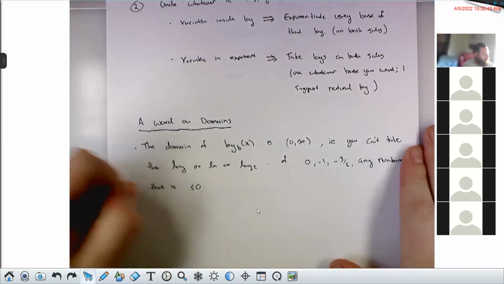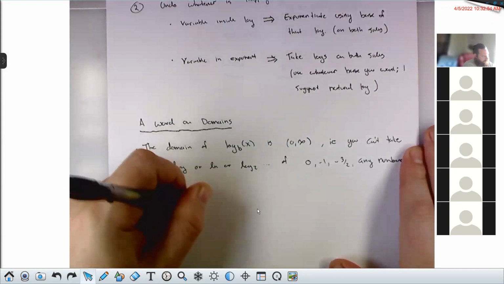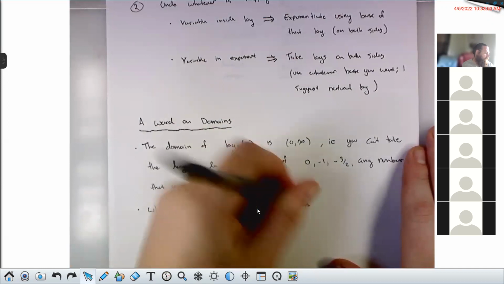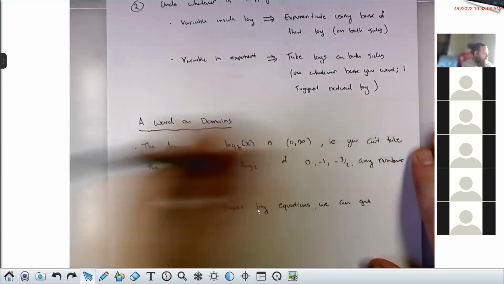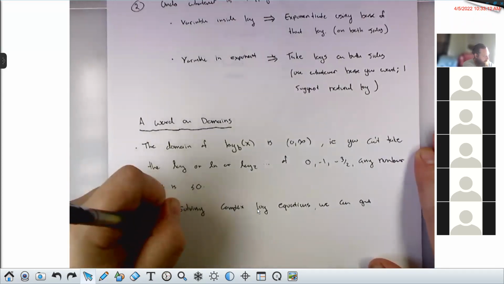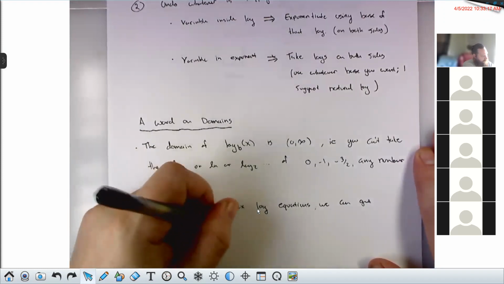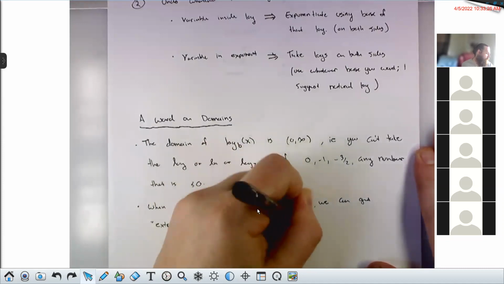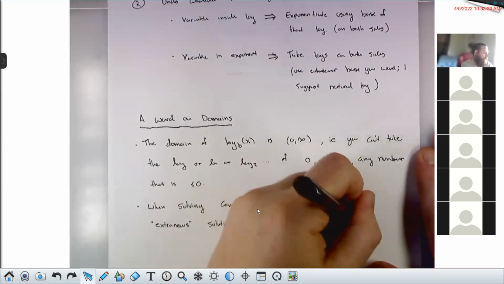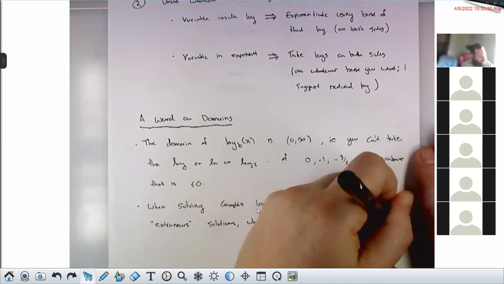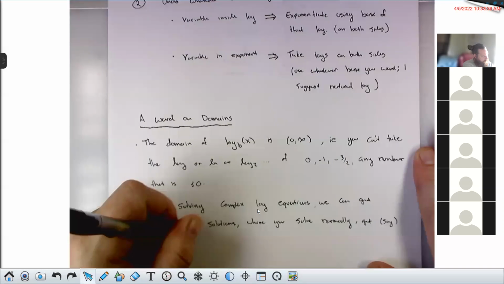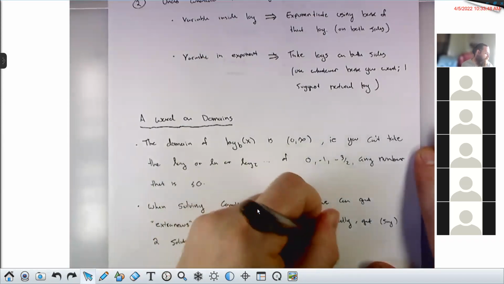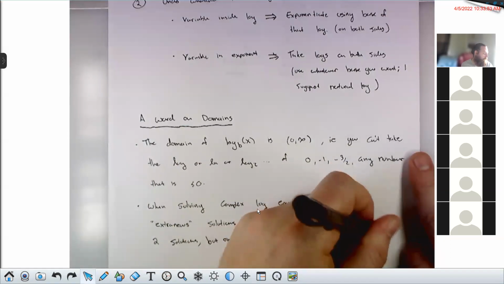The other thing is that when solving somewhat complicated log equations, we can get what are called extraneous solutions, where you solve normally, get, say, 2 solutions, but one of them makes the original equation undefined.